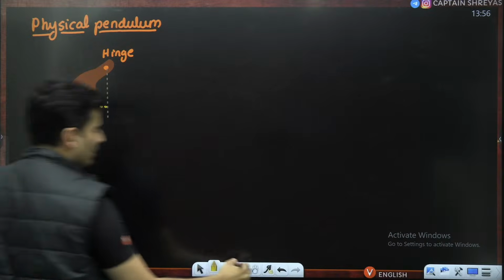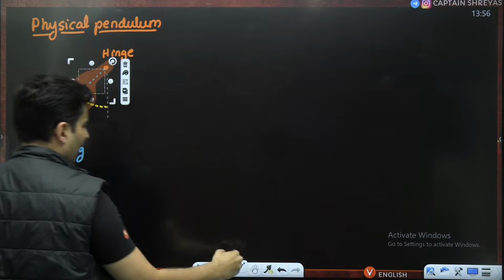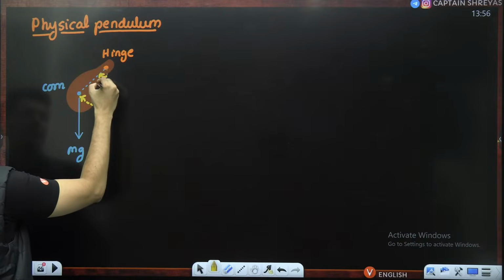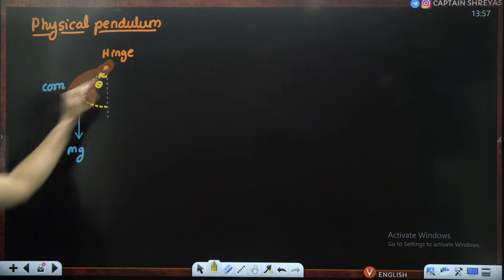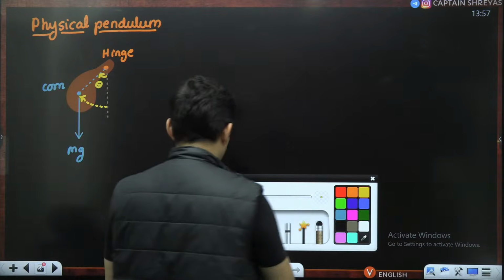Okay, clearly I can join this line, and you can see that definitely there is some angular displacement, theta. You have displaced it. Ideally, center of mass should lie here, then it would be in equilibrium. Think about it.